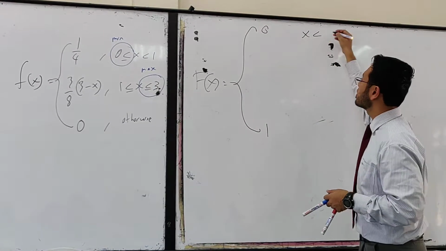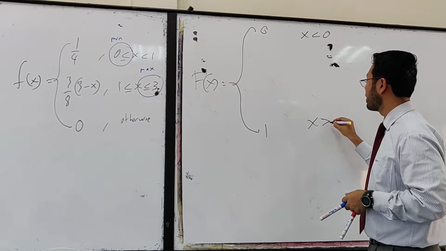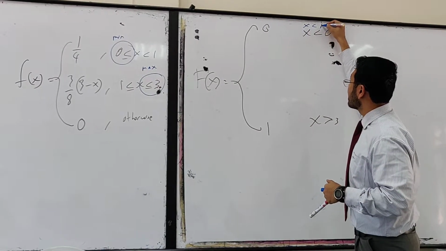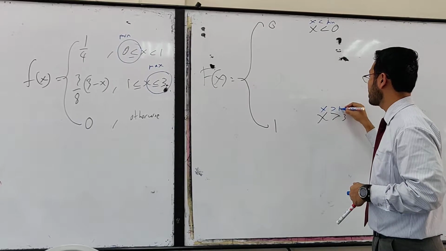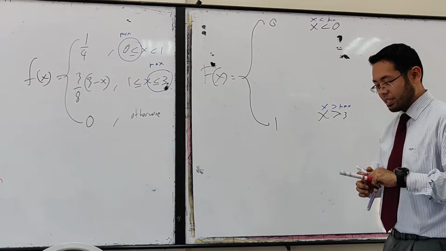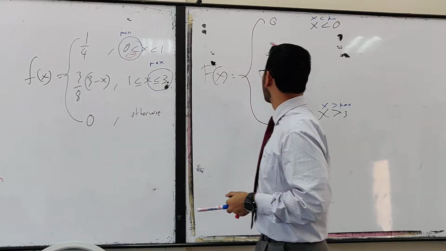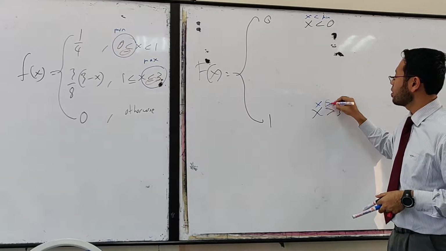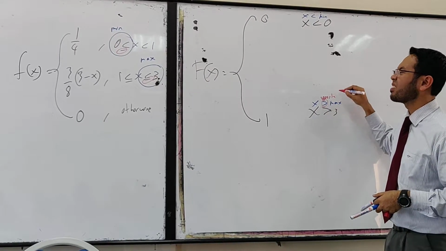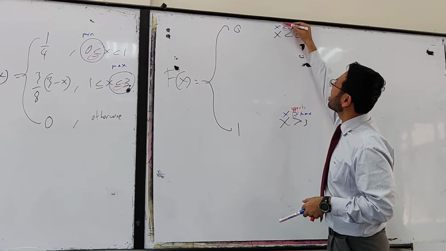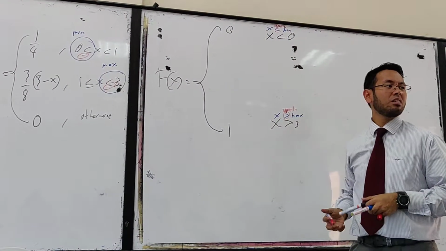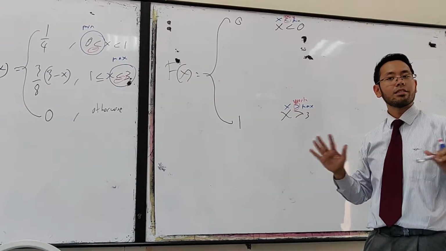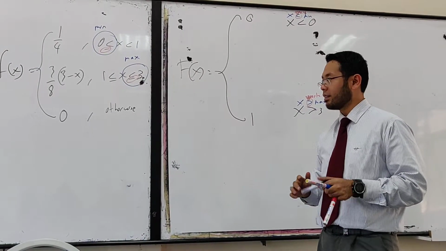So the min over there is 0, the max is 3. X less than min, x more than max. Another thing is, if there's an equal here, there's no equal over there. So here's the opposite regarding the equal. Firstly, x less than min, x more than max. That's the easy one.